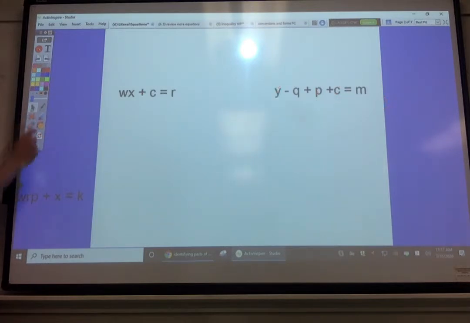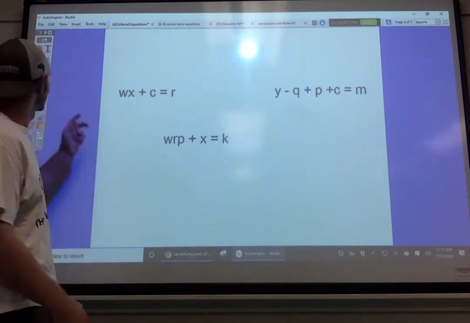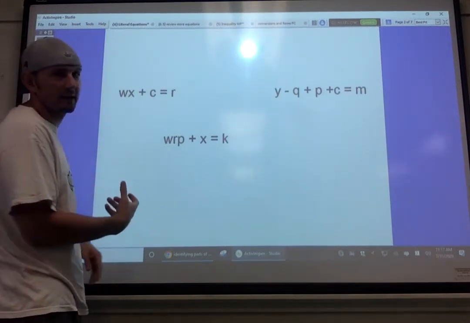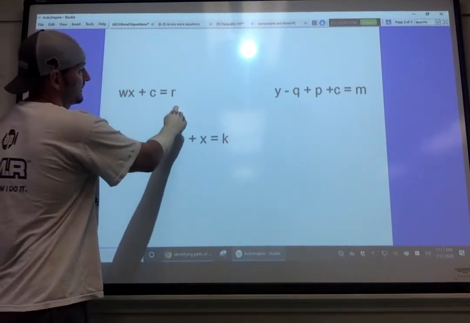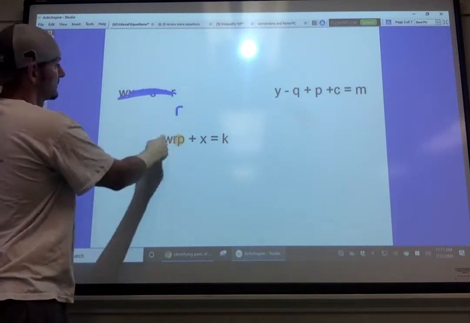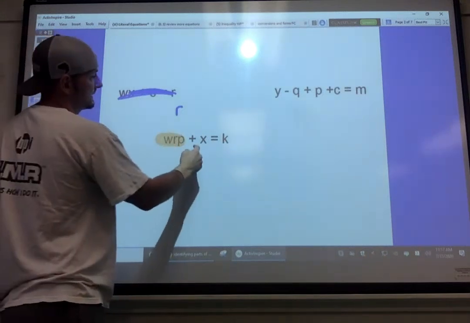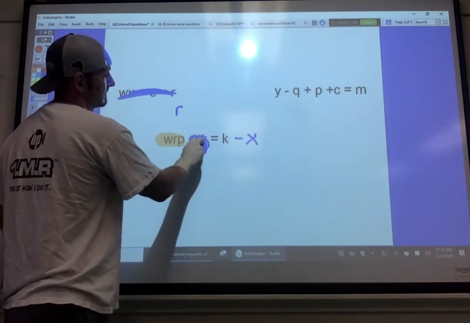Right, moving on, I got a new example here. Kind of like the one I had before, just wanted to show you that we can divide by multiple letters at the same time. So I'm going to solve this for R in this one. So variable terms here. Go ahead and minus the x from both sides. Get rid of our constant.